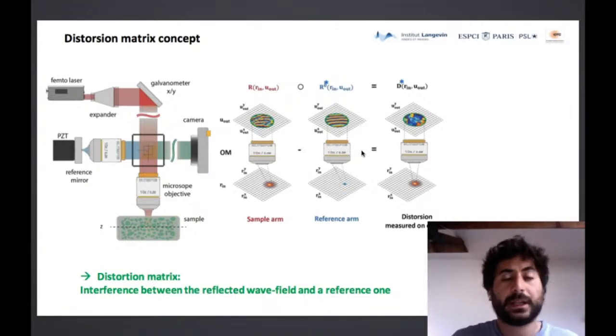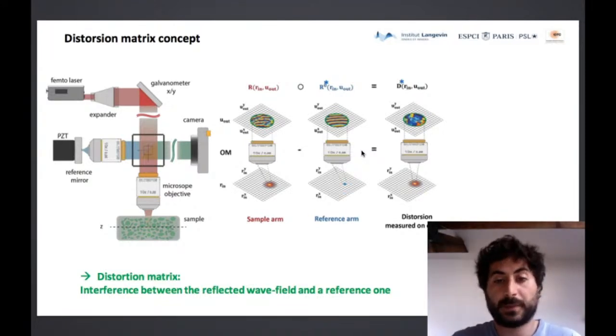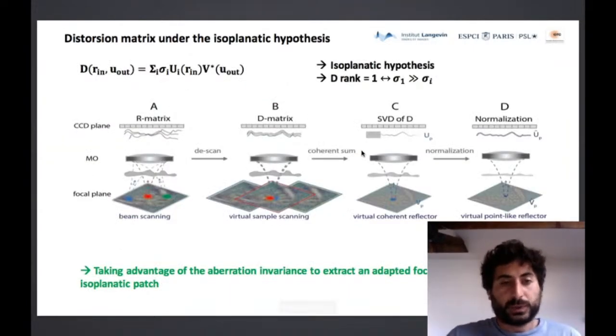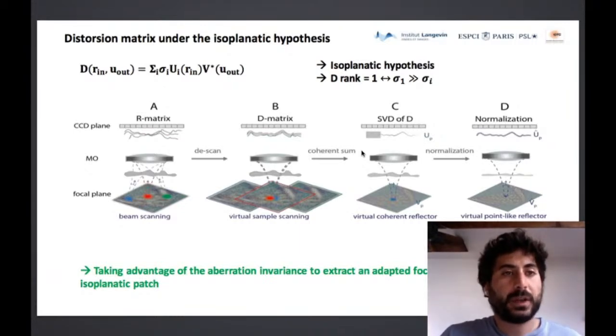Now, two focusing points close to each other in the medium will have seen almost the same distortion. So this matrix now has a lot of correlations between the different backscattered wavefronts, and the idea is to extract this correlation. To do so, we can perform a singular value decomposition of this distortion matrix in this dual basis, and under an isoplanatic area, the rank of this matrix is equal to 1.